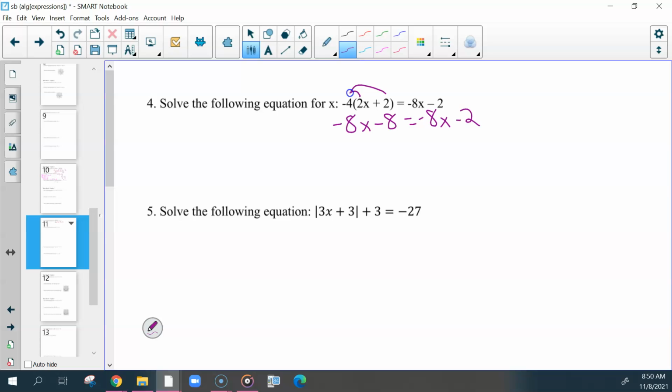If you noticed after you distribute that these have the same coefficient and different constants, you could have stopped there and said that these were no solution. If you didn't see that and kept going, if I add 8x to both sides, they both cancel, and I'm left with negative 8 equals negative 2, which does not equal.